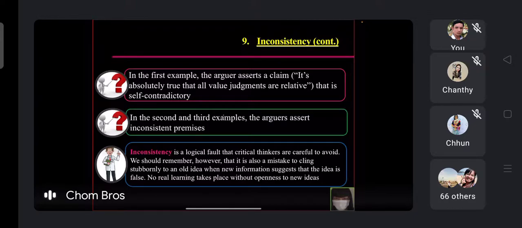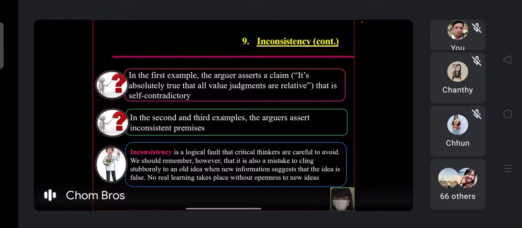In the second and third examples, the author asserts inconsistency. So we can know that consistency is logical for the critical thinker. We should remember, however, that it is also a mistake to cling stubbornly to an old idea when new information suggests that the idea is false.